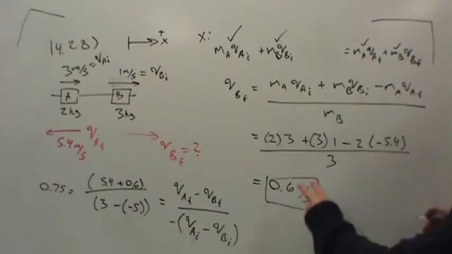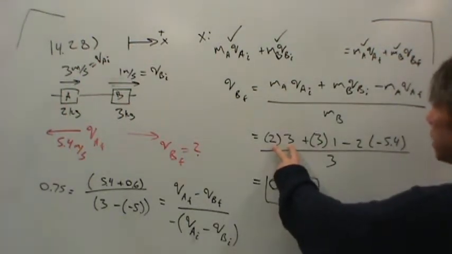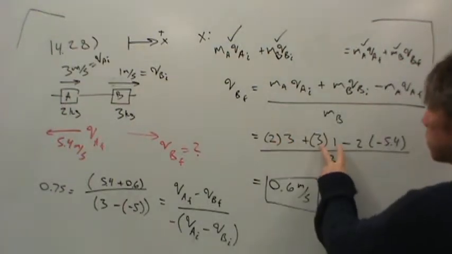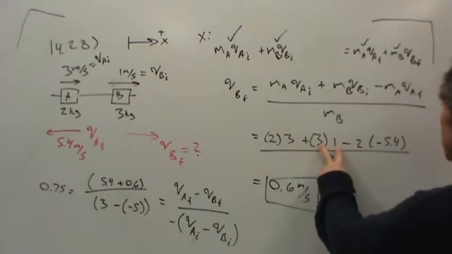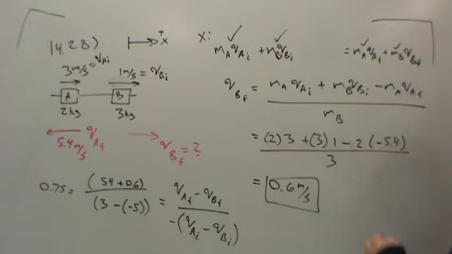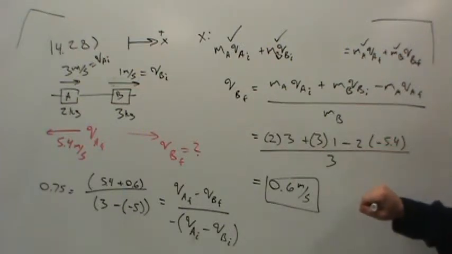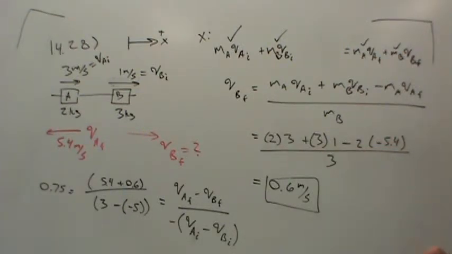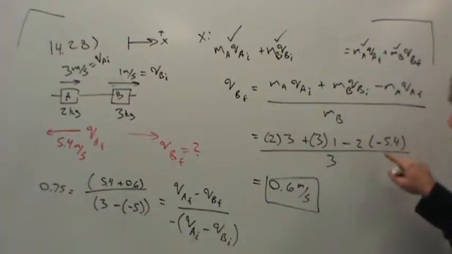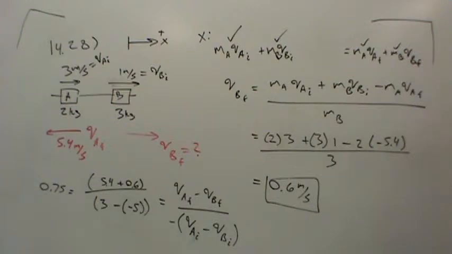So let's see, if you guys plug this in your calculators, I'll try to do it in my head and see what I get. 6 and 3 are 9. 9 plus 10.8 would be 19.8. Well, it has to be divided by 3. There's no way, because we've got 19 point something here divided by 3.